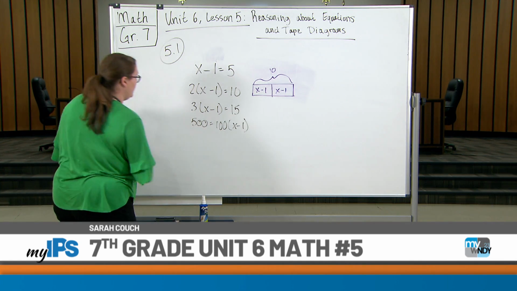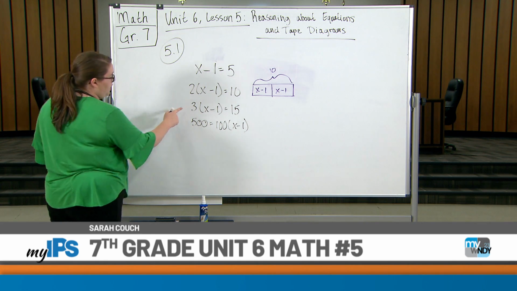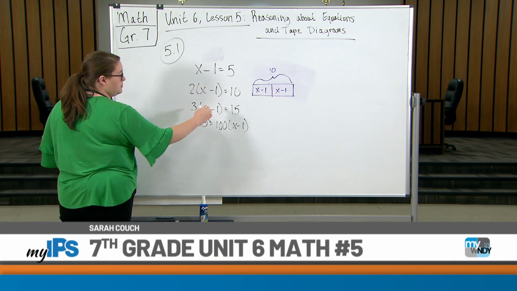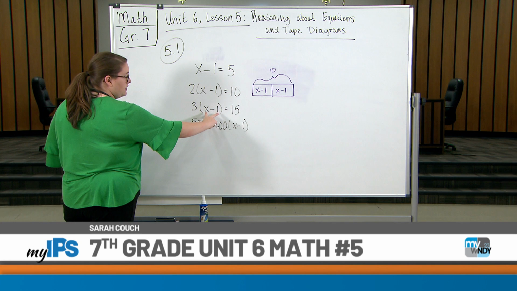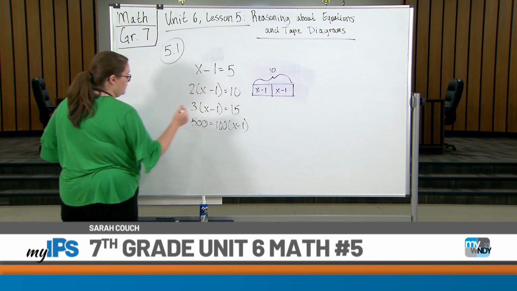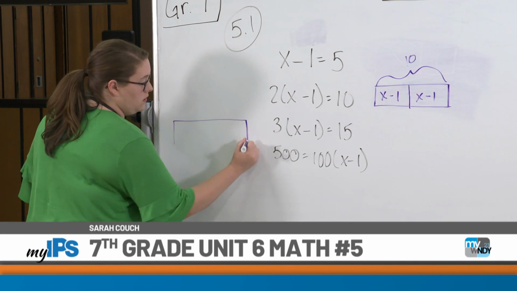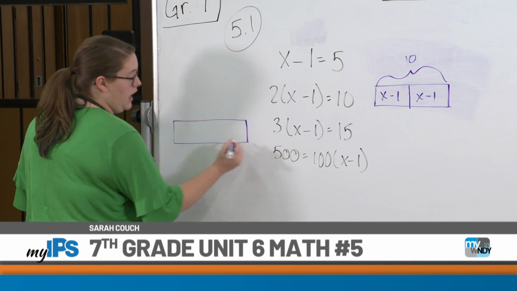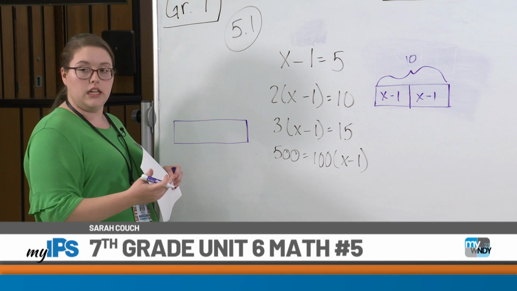Moving on, I can do this one over here. So we have 3 times x minus 1, the quantity. That means that we're going to have 3 of these pieces in order to equal this 15. So how many equal pieces am I going to need in this rectangle?